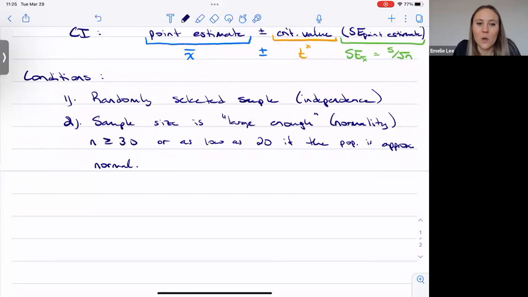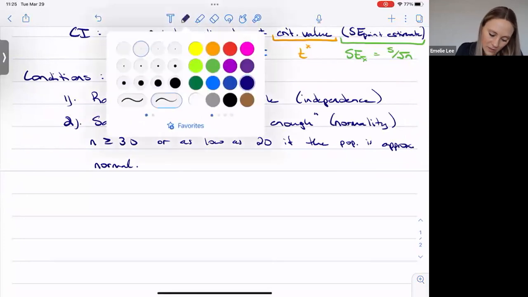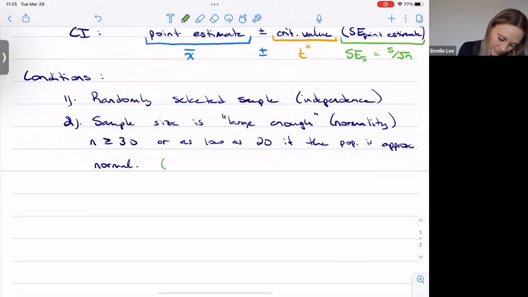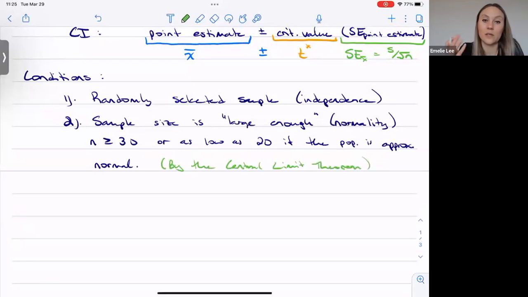So I'm kind of speeding through the central limit theorem. By the central limit theorem, which we introduced for proportions, we have the same kind of theory behind it, but for our purposes, let's not think too much about it.